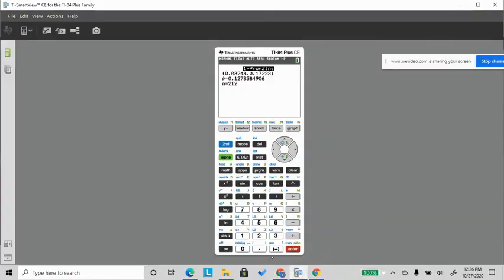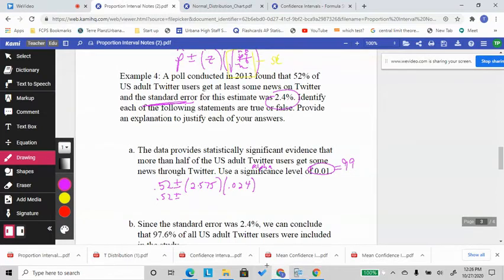I'm going to go to my calculator, clear out, and I'm going to say 2.575 times 0.024, which was my standard error. That gives me 0.0618. So 0.0618 is our whole margin of error.